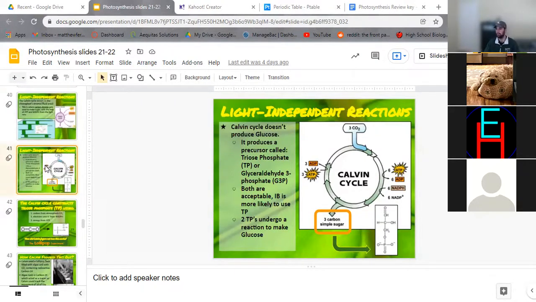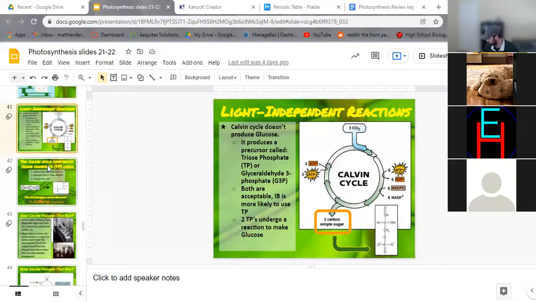Wonderful. Personally, I think the light dependent reactions are more intimidating than the light independents. I think the light independents are much simpler, but I understand that people can get caught up on what's in a name and what's a carbon and all this other fun stuff.